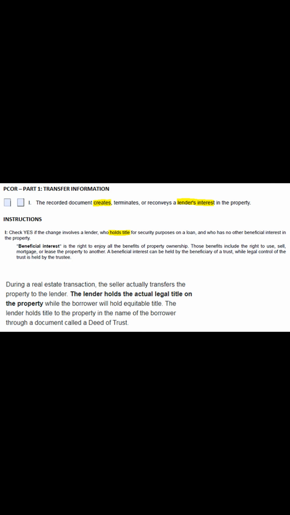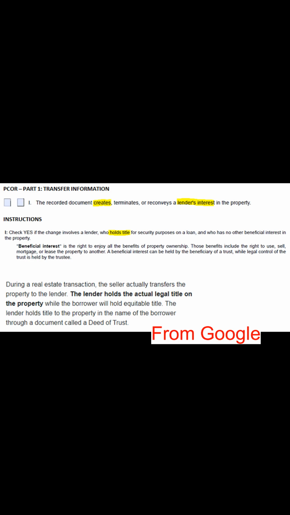So then you can wonder, who holds title? You may think the lender does not hold title, that I hold title if I'm the buyer. But look at what is underneath. During a real estate transaction, the seller actually transfers the property to the lender.